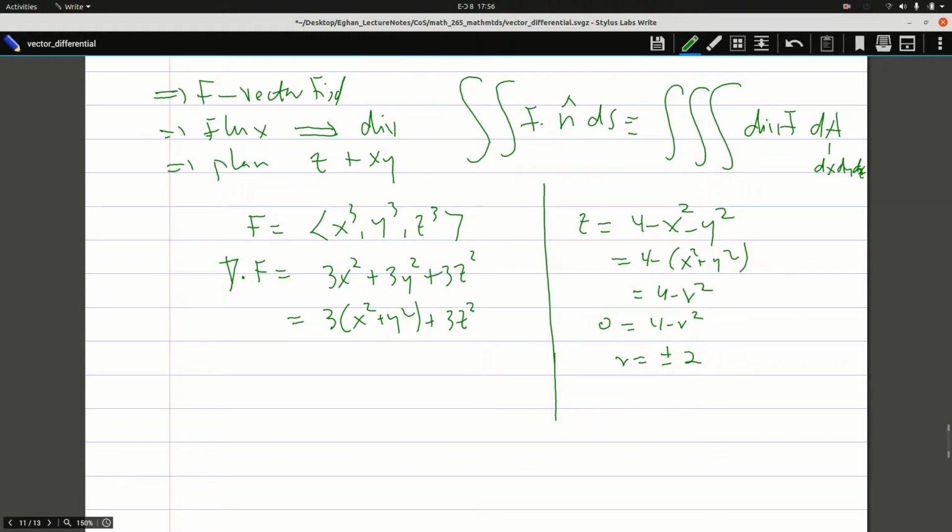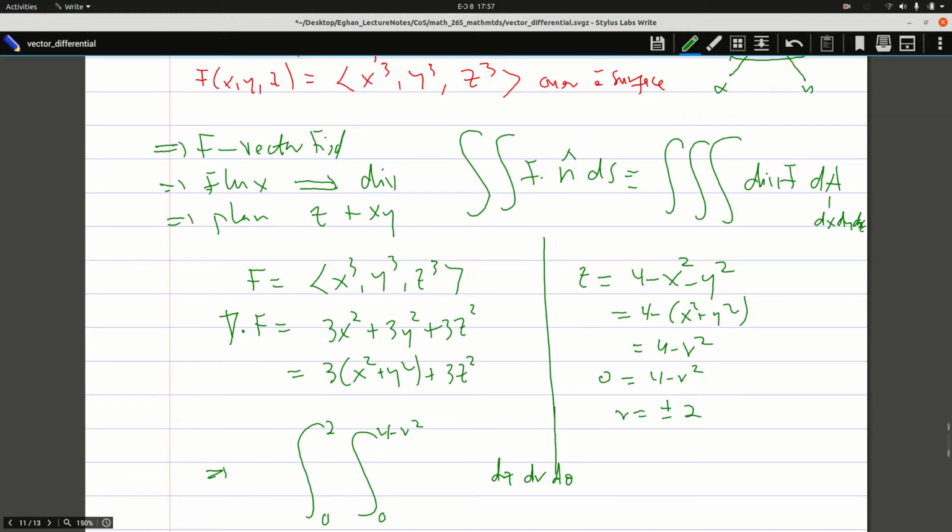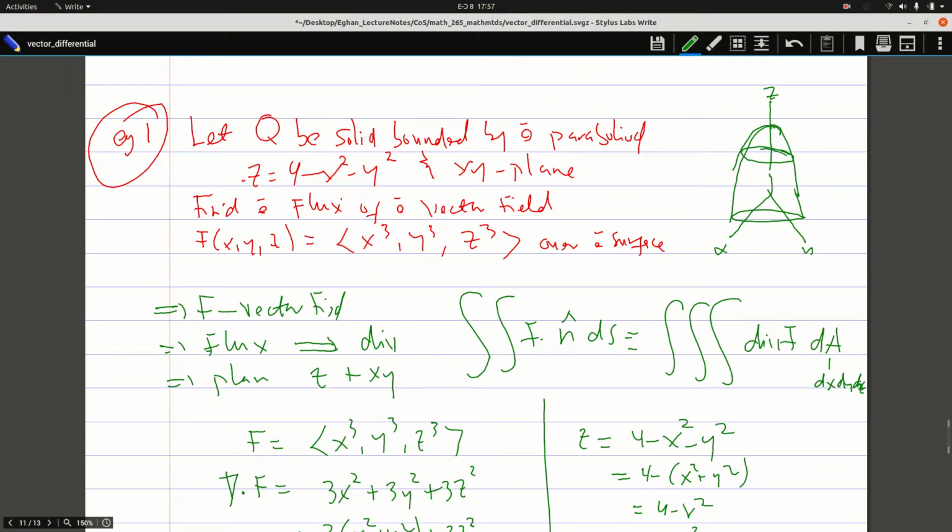If I do some substitutions here, my first integral is 0 to 4 minus r squared for dz. My second is 0 to 2 for dr. It means I need the theta. I'm moving to a paraboloid which has a polar form within.